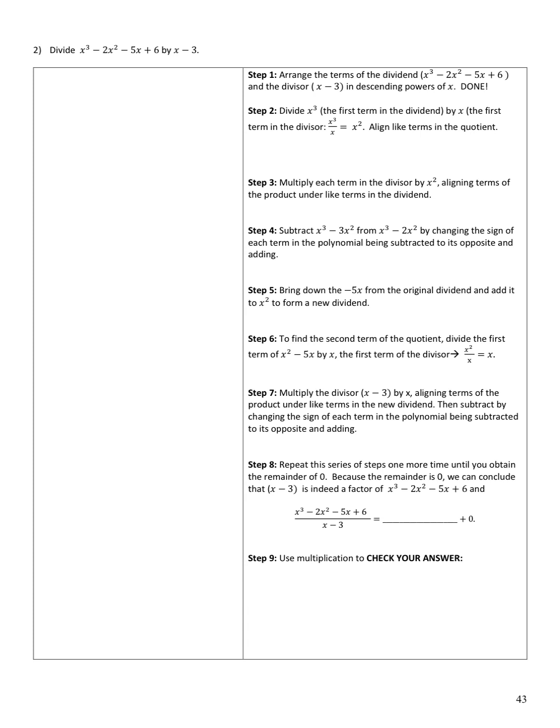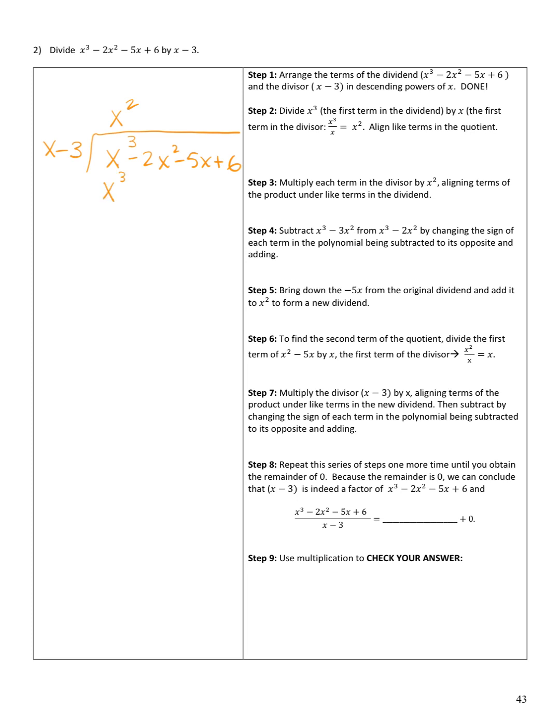Okay, another example. This time I'm going to divide x cubed minus 2x squared minus 5x plus 6 by x minus 3. So I asked myself, what do I multiply x by to make x cubed? And the answer is x squared. And then x squared times x is x cubed.